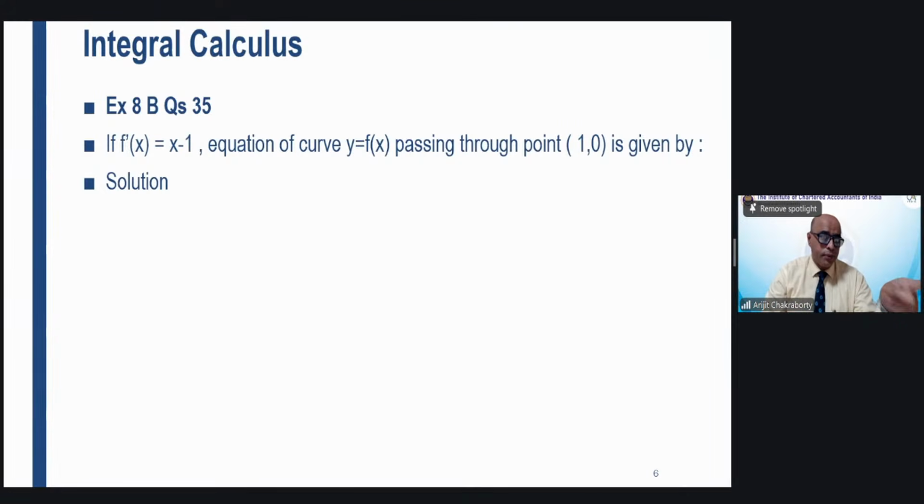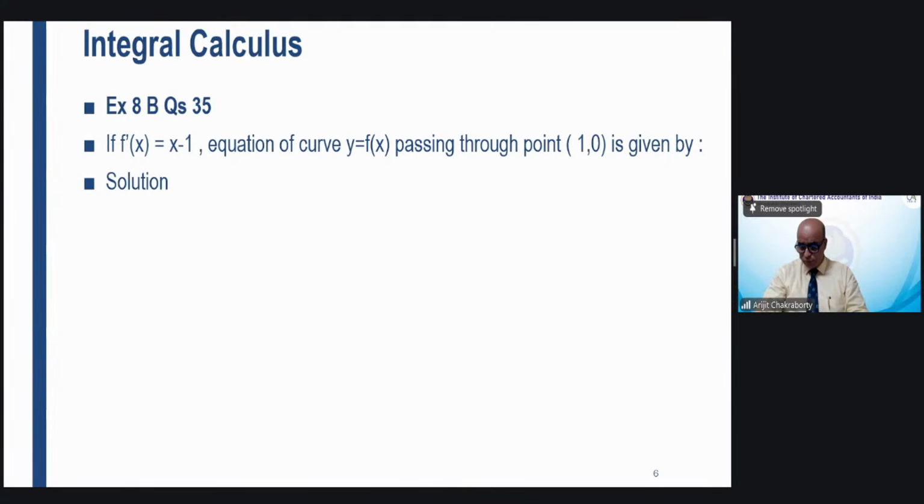Question is कि अभी in the chapter on differential calculus, you may remember, we were given the equation of a curve जहां से हम लोगों को tangent, we used to find out the tangent and then the slope or the gradient. Here the reverse is given. You are given the equation of the straight line. आपको क्या करना है? आपको equation of the curve वो आपको निकालना पड़ेगा. वो कैसे निकालेंगे? By integration.